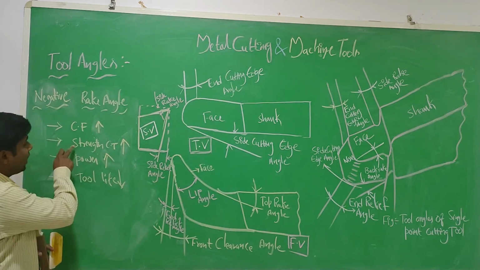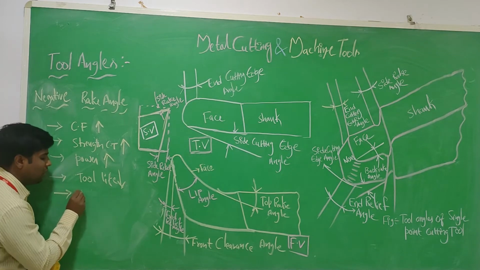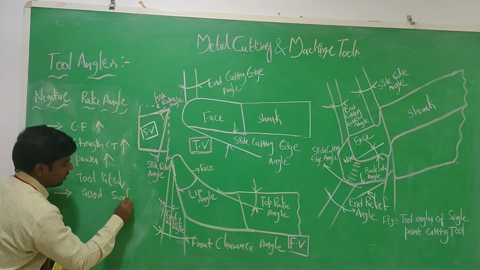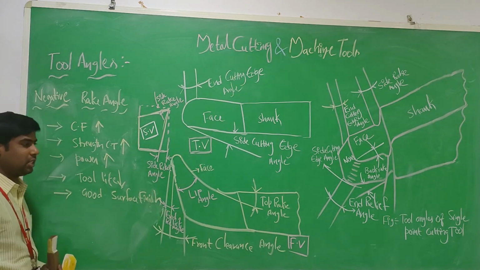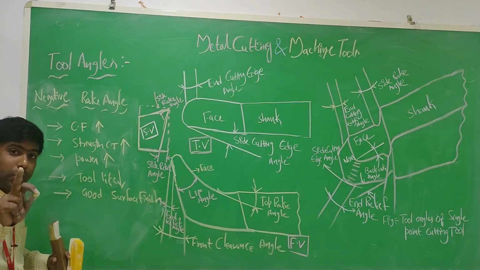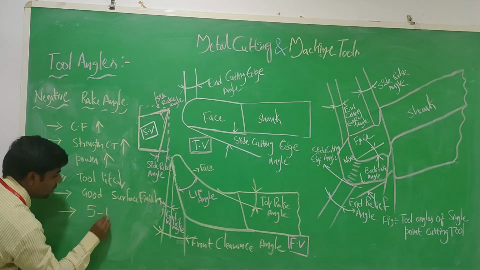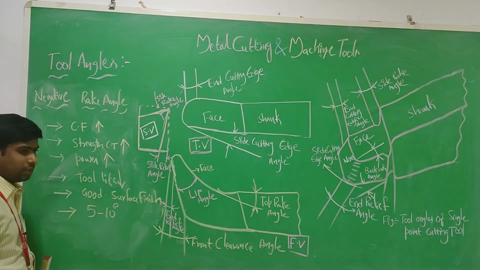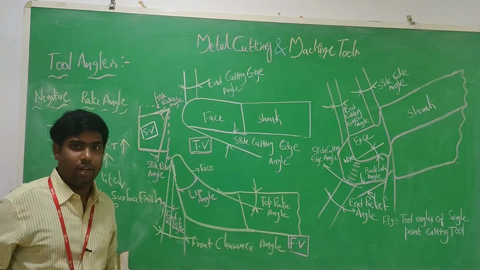When the strength of the cutting tool increases, we will observe good surface finish on the workpiece. The value of negative rake angles varies between 5 to 10 degrees. So this is all about negative rake angle.